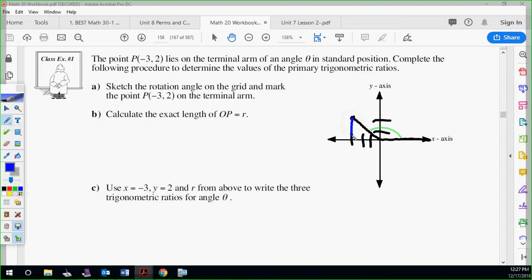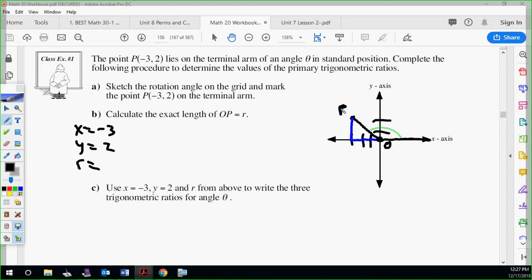So what we need to do now is go ahead and complete this. So we do our ratios. We know what x and y is right now. We know that my x is negative 3, my y is 2. I need to figure out what r is, which is OP, right? Whenever it says O, that means origin. So here's O, this is P, so they want us to find the OP, which is r.